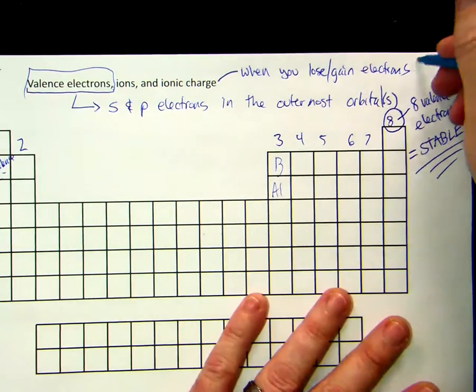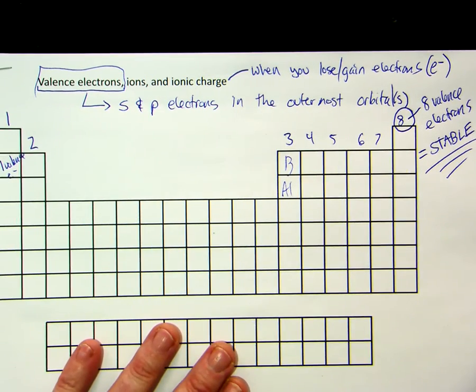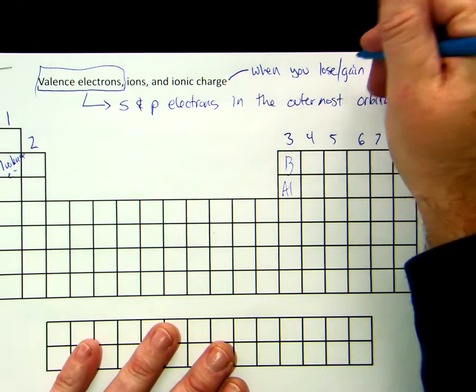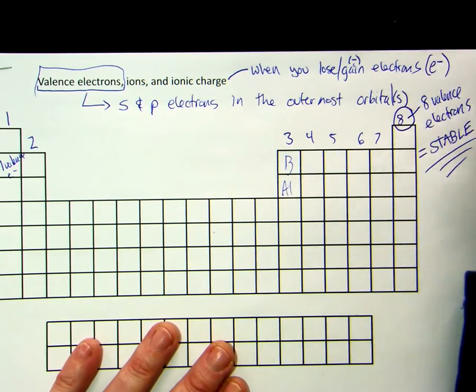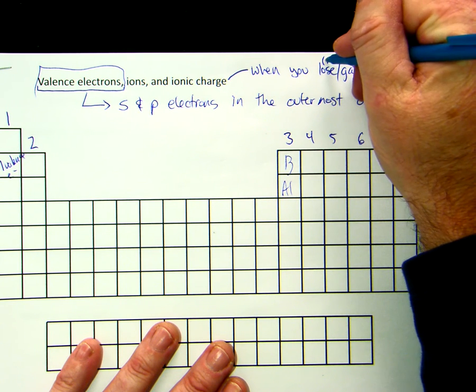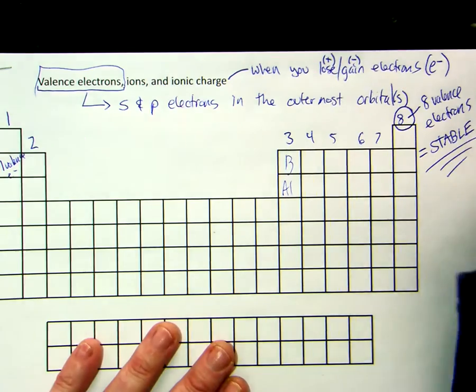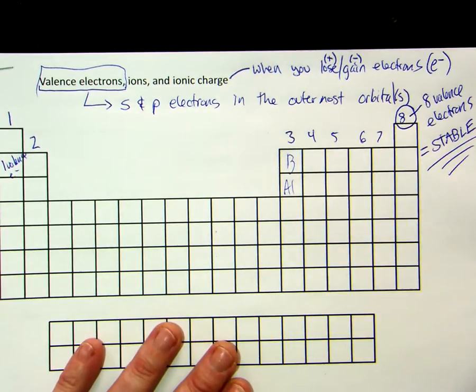Now remember, electrons are negatively charged. So if you gain an electron, you gain more negative charge, you become negative. If you lose an electron, you still have those positive protons that now no longer have their negative charge to balance it out, and you become positive when you lose electrons.